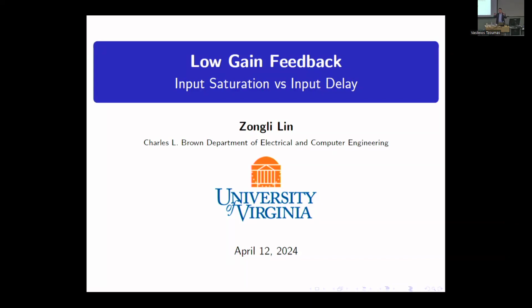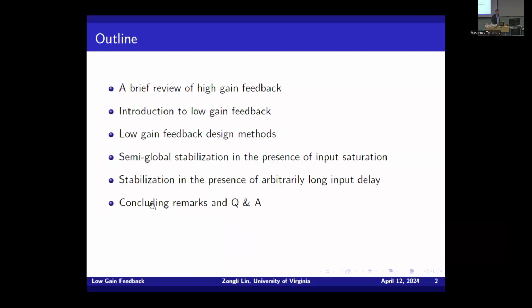I picked these two because I want to show some underlying inherent connections between these two classes of systems. So low-gain feedback does not deal with the general problem of input saturation or input delay. But I just want to show through this some interconnection between these two classes of systems, and both can use low-gain feedback.